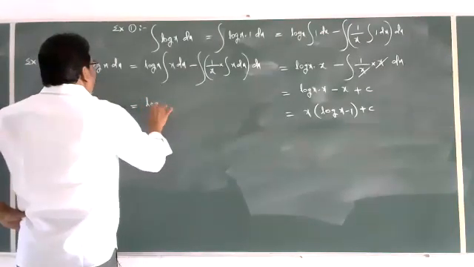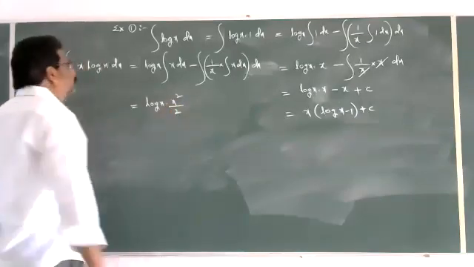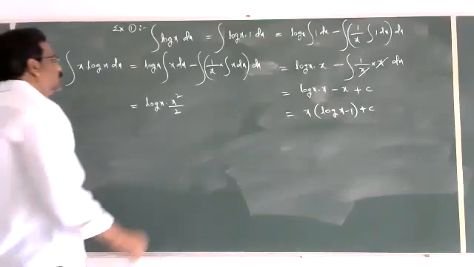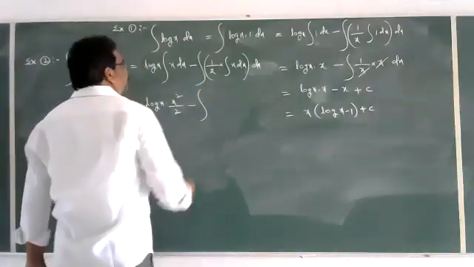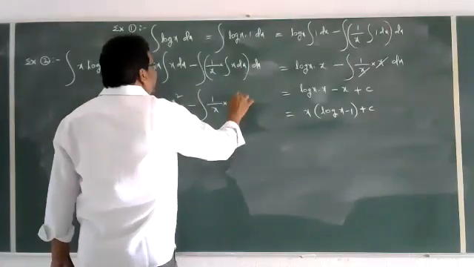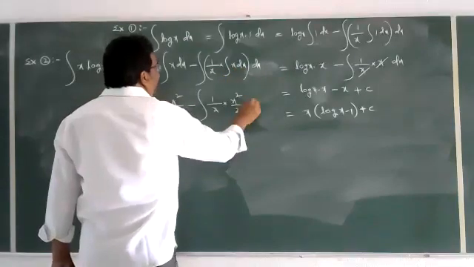That is equal to log x into x square by 2 minus integral 1 by x into x square by 2 dx.